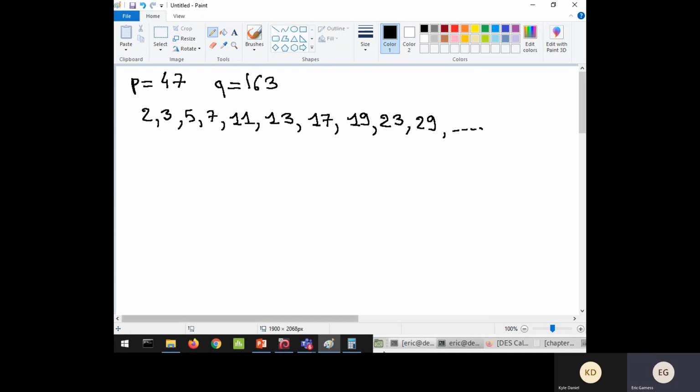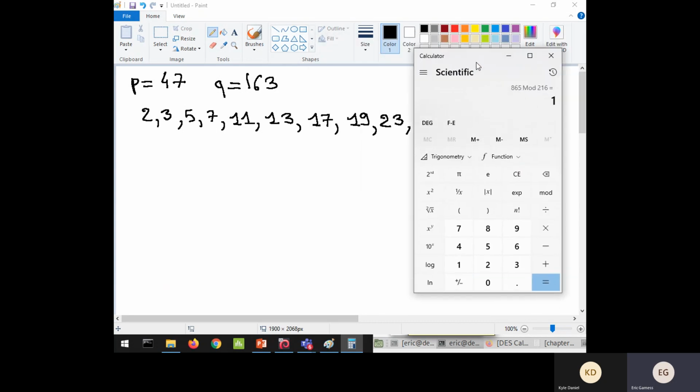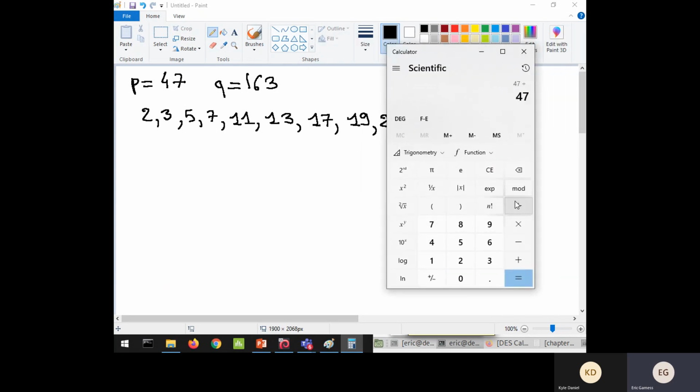So we might do it just as a reminder. 47 divided by 2 gives some decimal, so it doesn't work. 47 divided by 3, no. 47 is not divisible by 5, because something divisible by 5 ends with 0 or 5. 47 divided by 7 doesn't work either. 47 divided by 11, the closest is 44. Does not work either.